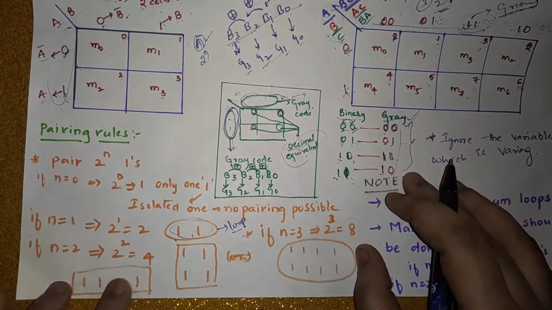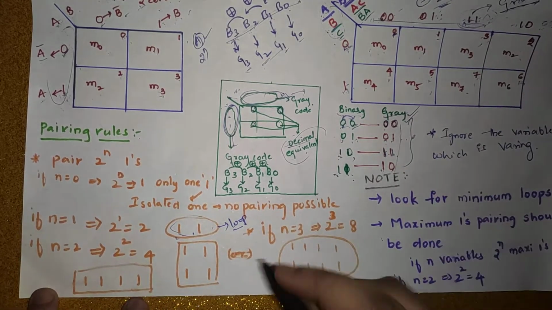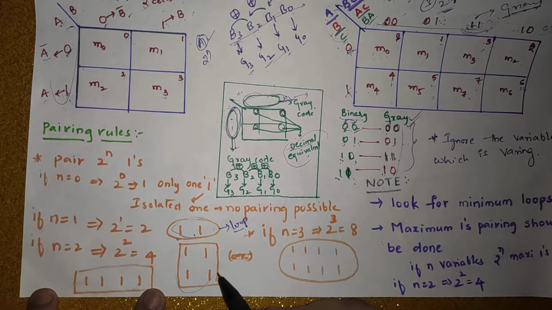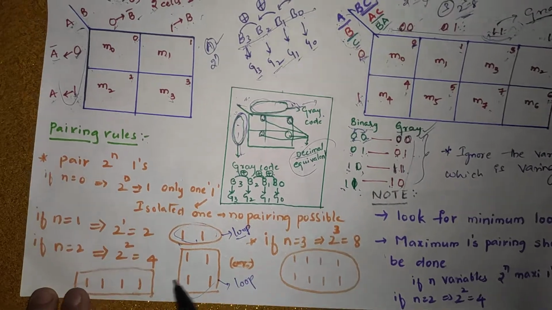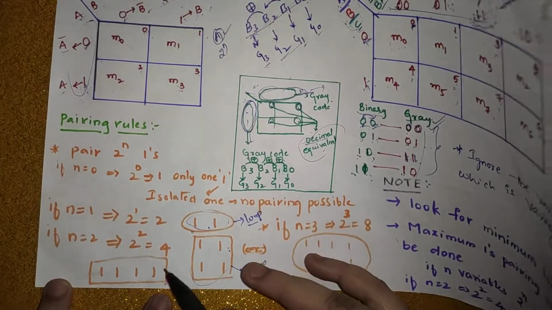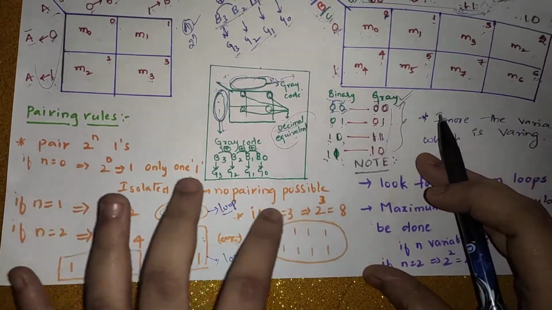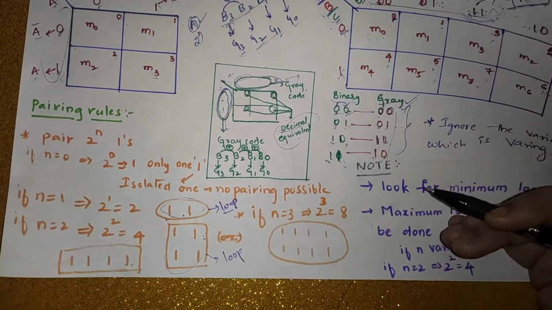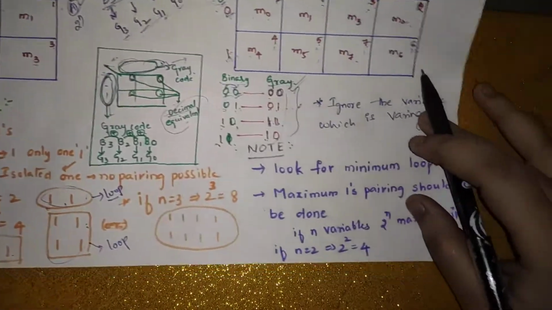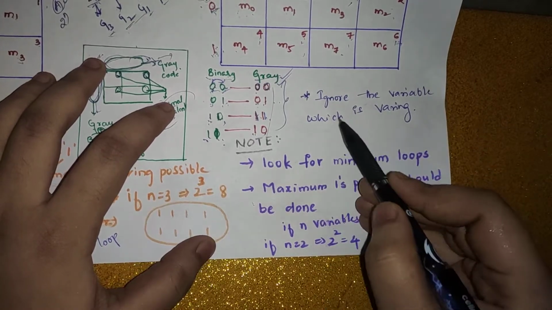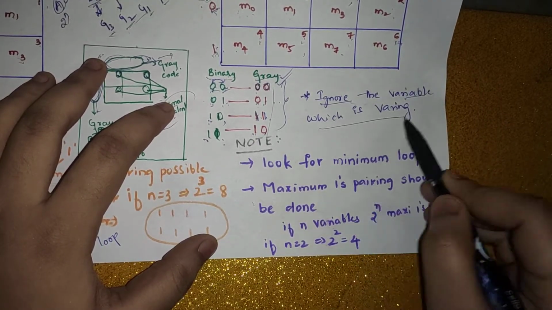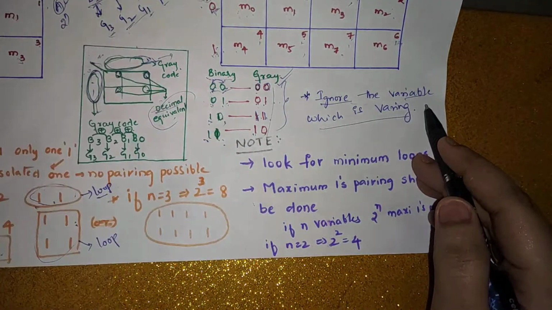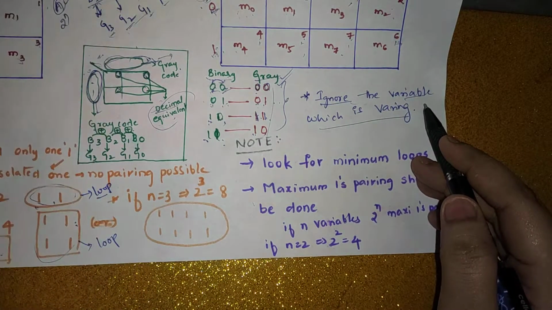If n is equal to 2, 2 power 2 is 4. 4 adjacent ones create the loop. It can be like this, or like this. So if n is equal to 3, only powers of 2 pairing can be done. And coming to this, ignore the variable which is varying. In writing the Boolean function, look at the bits of each variable.